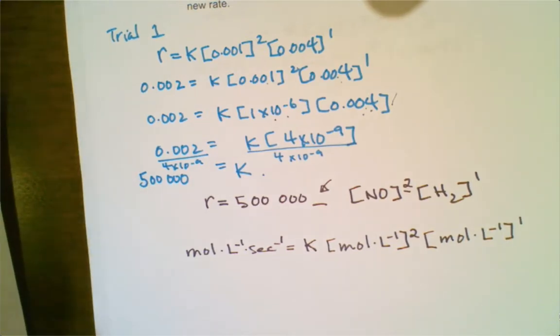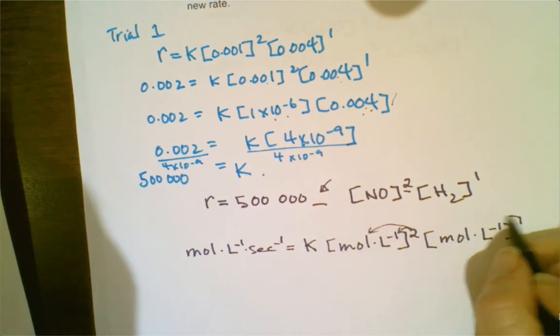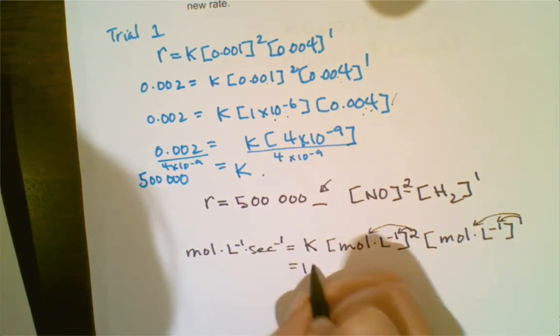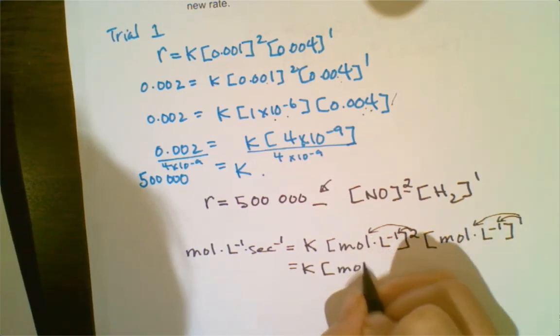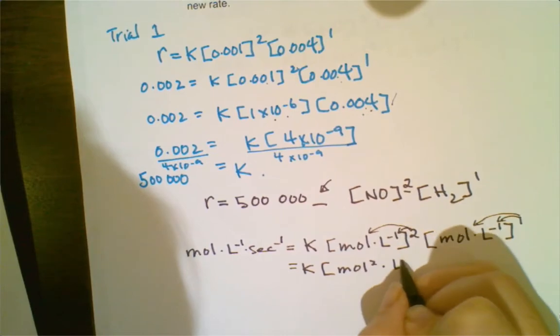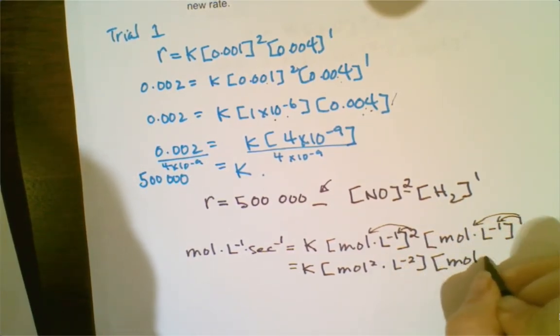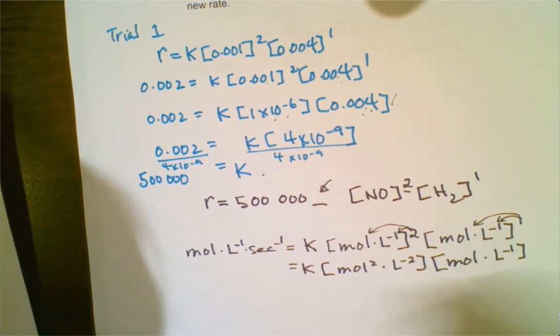Now, knowing our exponent rules, you want to make sure that you apply those exponent rules to those units. And so that becomes moles to the 2 times liters to the negative 2, multiplied by moles times liter to the negative 1, because the 1 just remains the 1.